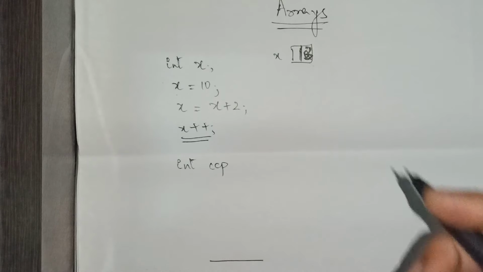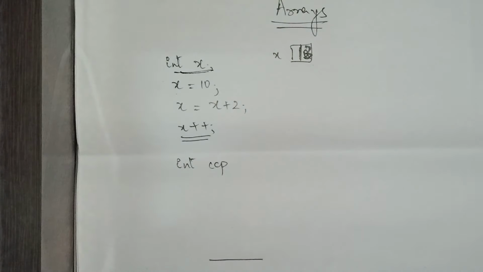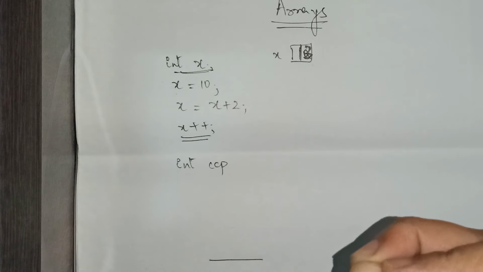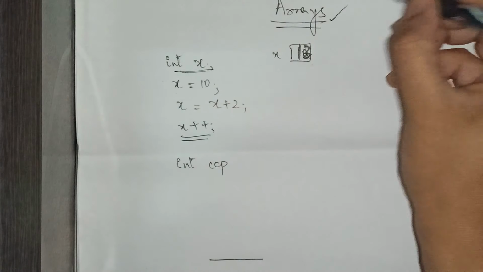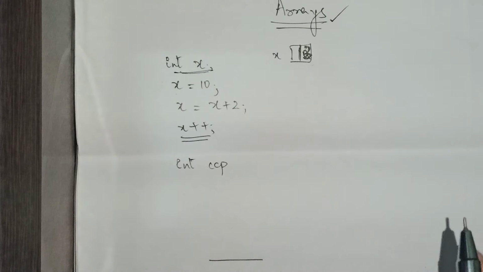This is not possible with primitive variables, which can hold only one value at a time, as we saw in this example. When a programmer needs to store multiple values, or n values, in a particular variable, the programmer uses the arrays concept. So an array is a derived type variable which can hold more than one value at a time.